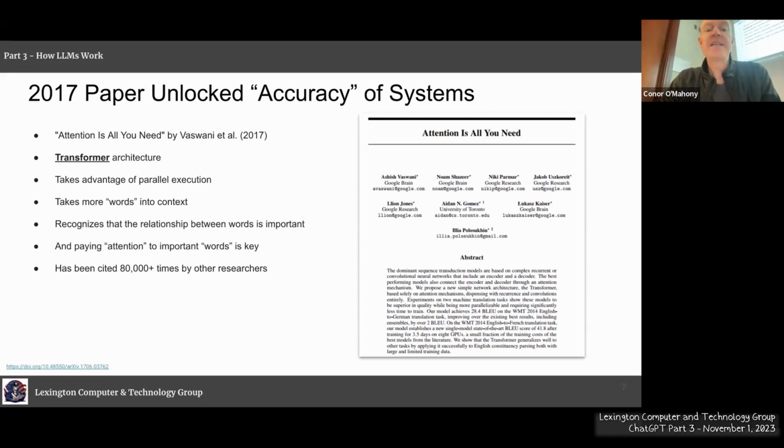Another reason is that it takes more words into context. I believe it's a context of 2048 tokens. So let's call it 2048 words. That's the window of words it's looking at any one time.